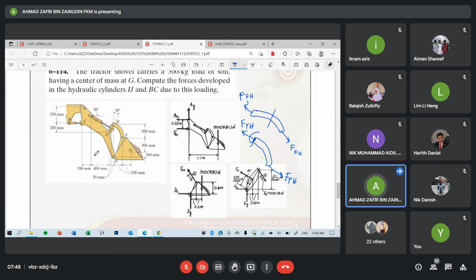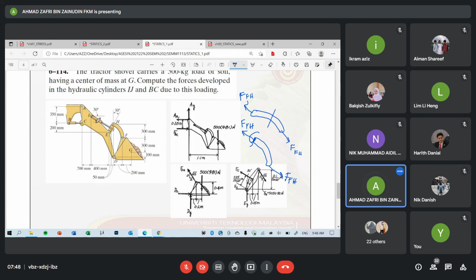If I want you to calculate the normal stress in IJ, you need to find the internal force in IJ, right? If you know the area, that internal force divided by area, you get stress. To find the stress is easy.